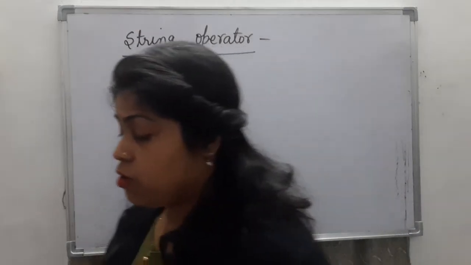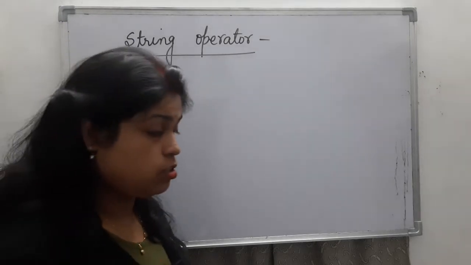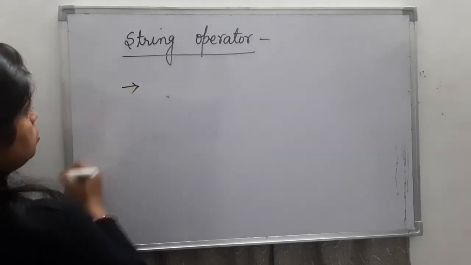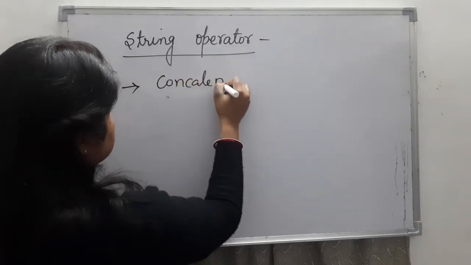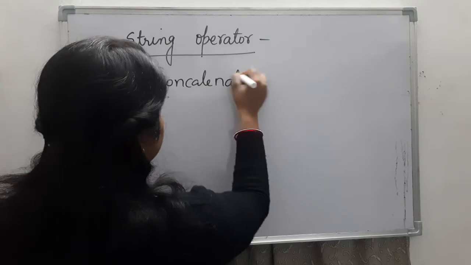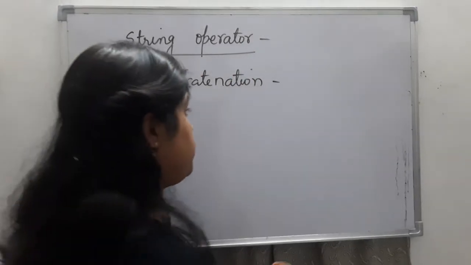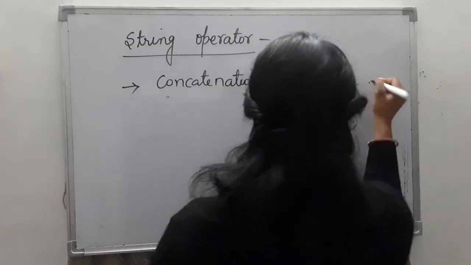If you want to work with strings, there are two different operators. The first one is known as concatenation. Concatenation means joining, adding or merging two different values.